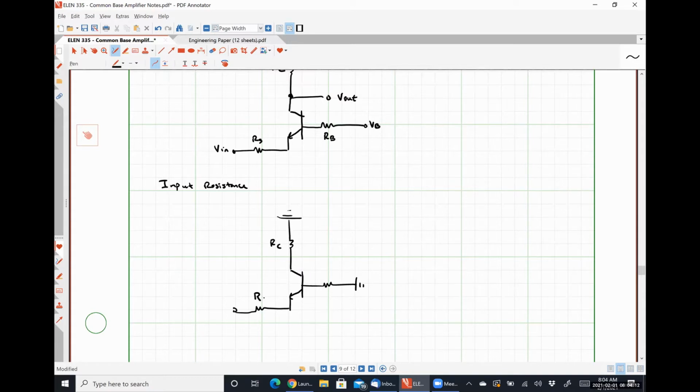RC, RS, and RB. So if we just look in, sorry, and let me write, here's where we're looking in. So we're trying to find Rin from this perspective. So if we look in from here, specifically, let's call this guy Rin prime.